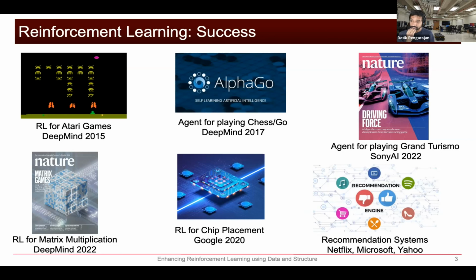More recently, Sony AI came up with an agent to play Gran Turismo, where in Gran Turismo 7, agents trained using reinforcement learning compete with players. Again, DeepMind has used reinforcement learning for figuring out new ways of doing matrix multiplication. Google came up with reinforcement learning for chip placement, and recommendation systems have used reinforcement learning in places like Netflix, Microsoft, and Yahoo over the past couple of years.